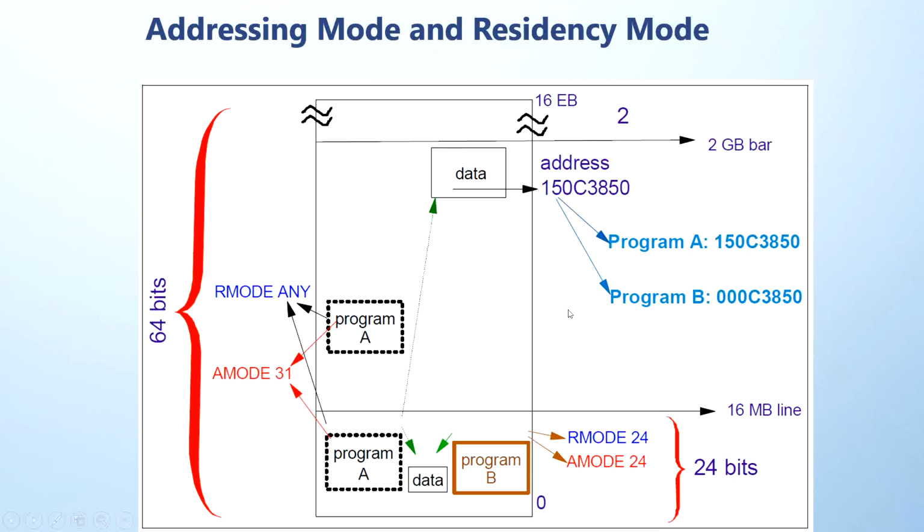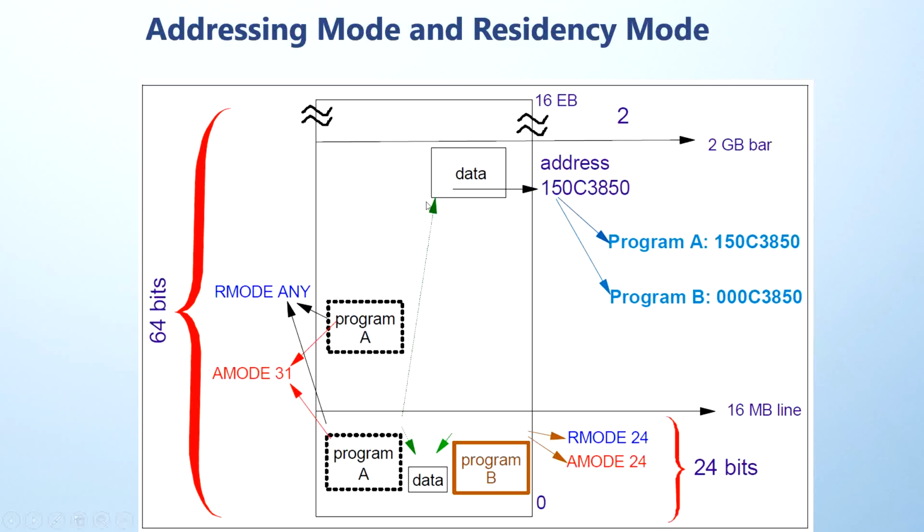But what decides whether a program or data resides above or below the line, or what address it has to extend up to? That is all decided by the addressing mode and the residency mode. In short, they are called AMODE and RMODE.